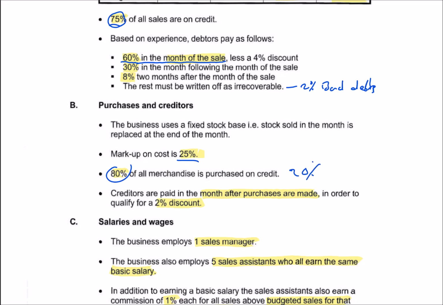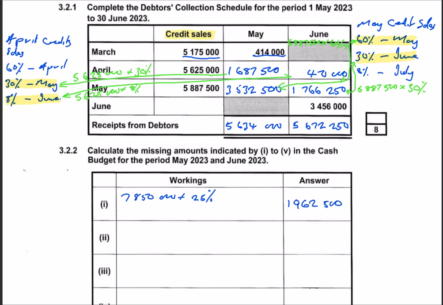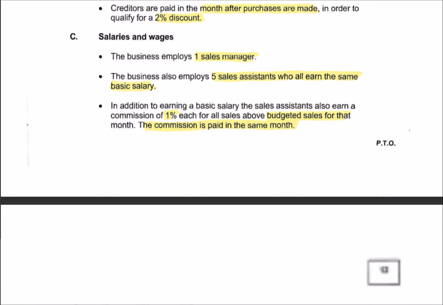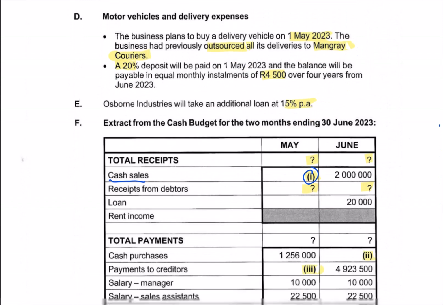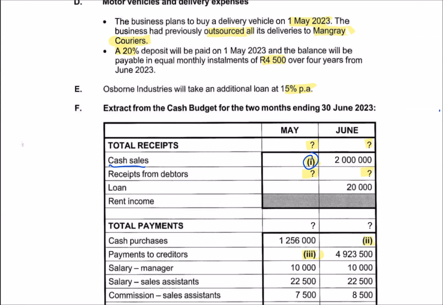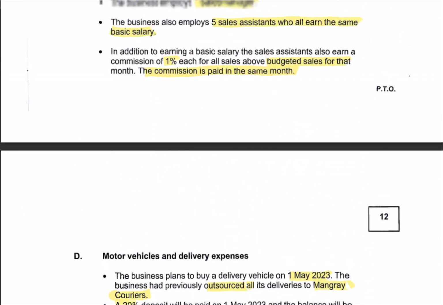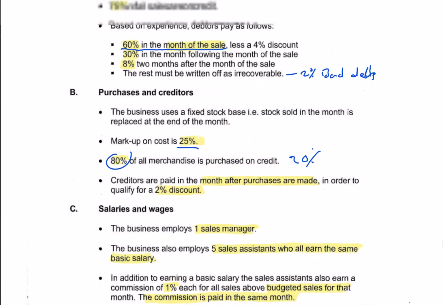So what we need to do is, how much was sold in June? Because you replace the stock in the month of sale.